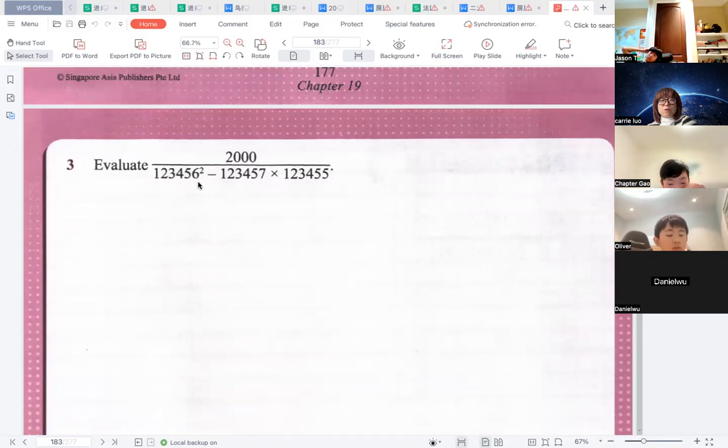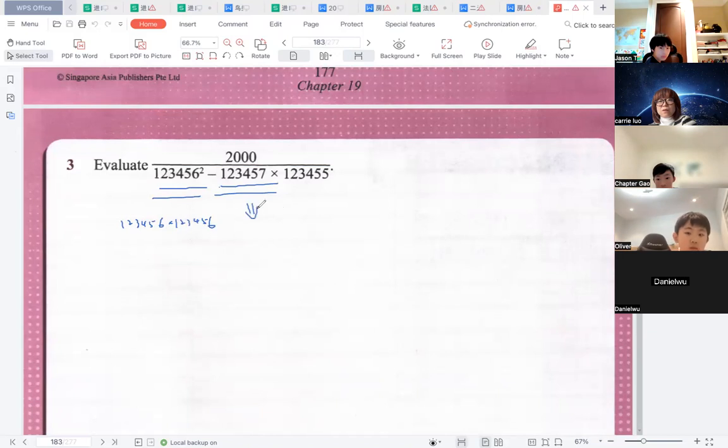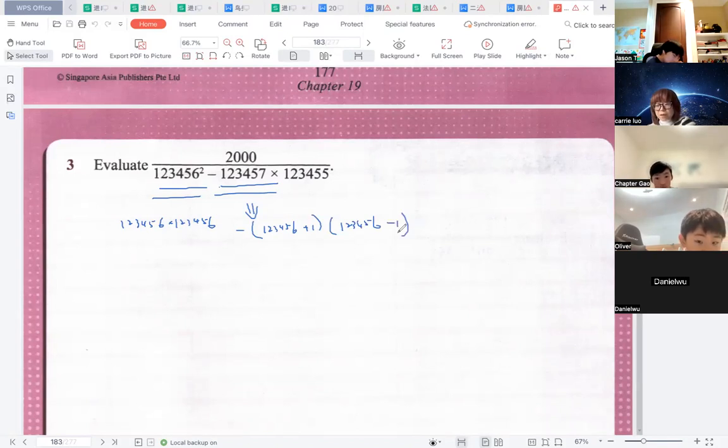So 1, 2, 3, 4, 5, 6 equals 1, 2, 3, 4, 5, 6 times 1, 2, 3, 4, 5, 6, right? And this one equals what? This one is something with 1, 2, 3, 4, 5, 6. It's 1, 2, 3, 4, 5, 6 plus 1 times 1, 2, 3, 4, 5, 6 minus 1. Okay, everybody? I'll give you a little bit of a hint. Try to do it yourself.